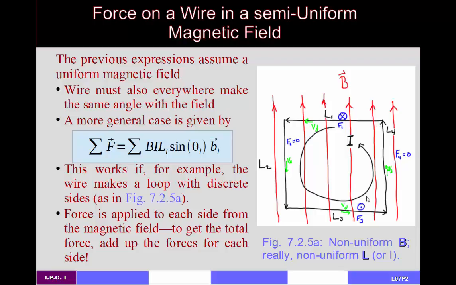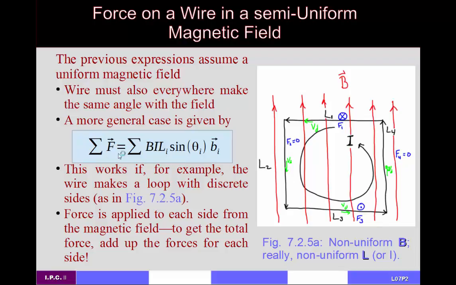So for example, in this diagram we have a square loop of wire. Each side of that square is going to have a uniform magnetic field acting upon it. And in this more general case, you can get the total force that acts upon the wire by basically adding up the forces on the individual segments of the wire.